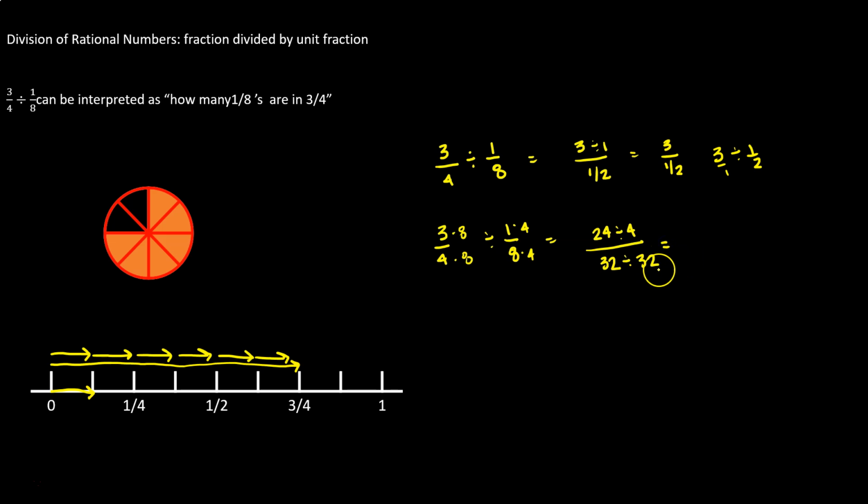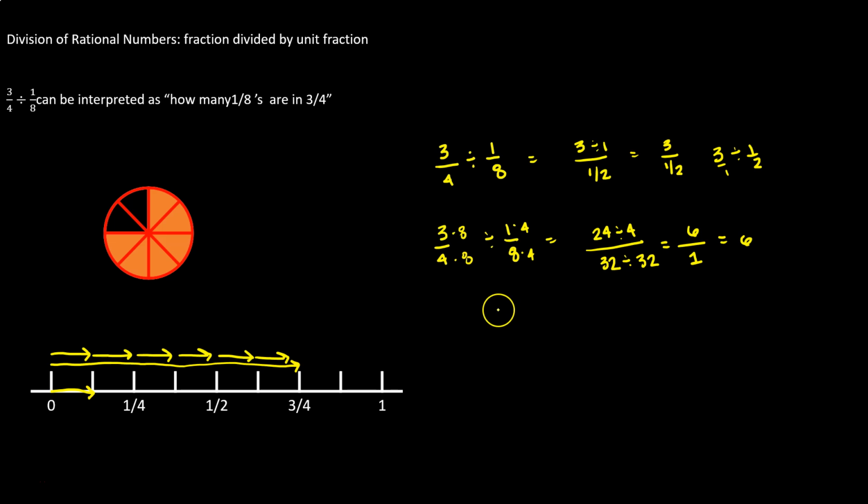Now this time, because we went through the process of finding a common denominator, when we divide our denominators, we're not getting another fraction. 32 divided by 32, that's equal to 1. But then on the numerator, 24 divided by 4, that's equal to 6. So we get our 6.